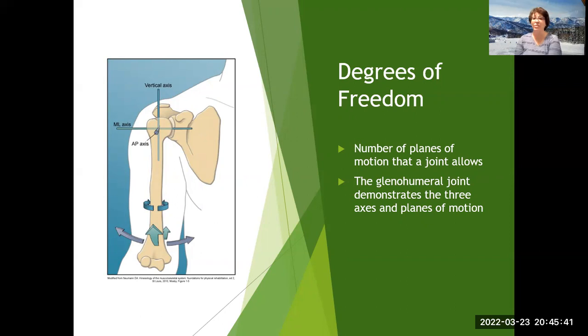The glenohumeral joint is 3 axes, 3 planes of motion, rotation, flexion, extension, abduction. And just to make it fun, we have horizontal abduction as well. So each joint, and we'll talk about in the joint chapter coming up, has a certain number of degrees of freedom.